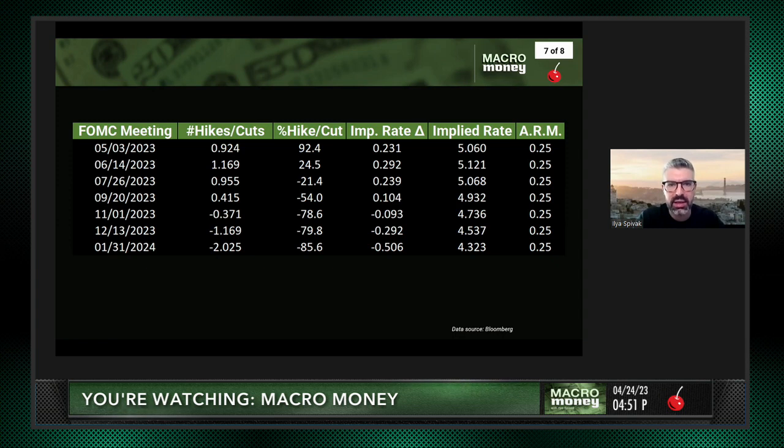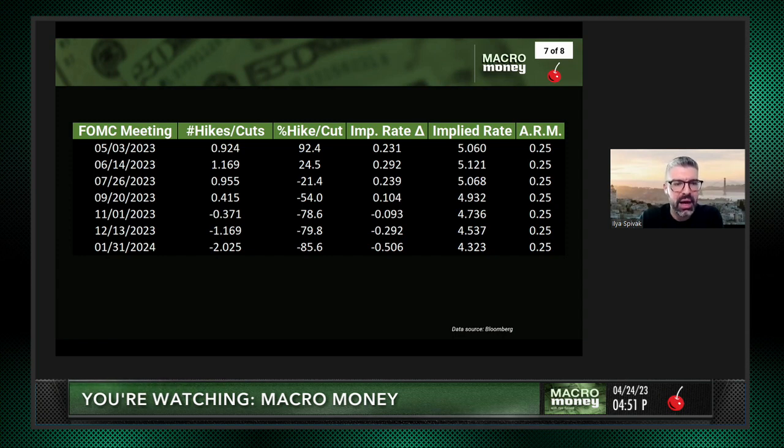In the next one, the implied rate delta column, you can see 23 basis points of a 25 basis point hike already priced in. And when the odds are that high, it's pretty well a given, unless something really out there occurs, that you're going to get that move.